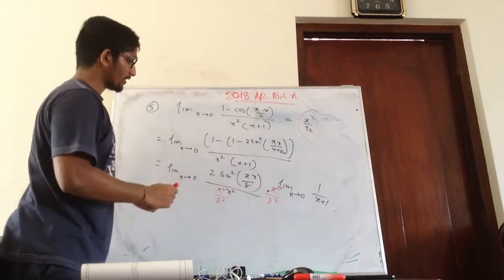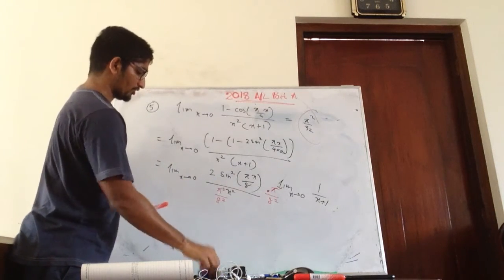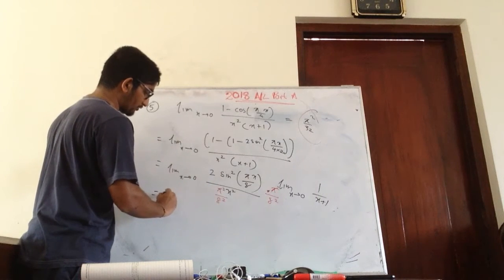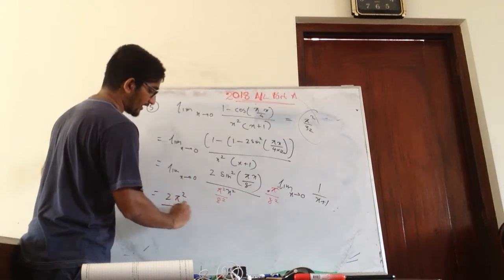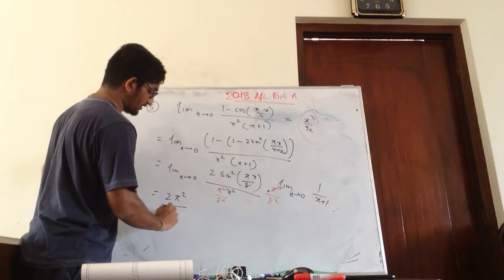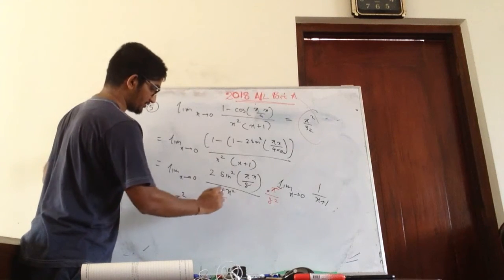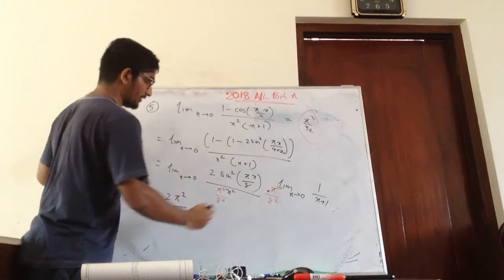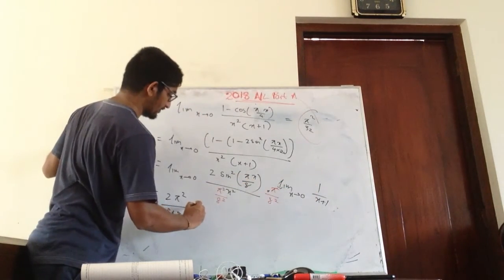Right? So here I'm going to take this 2 out as well. 2 times 5 squared, and this is 2 squared, that is 2 times 2. Right? That is done.